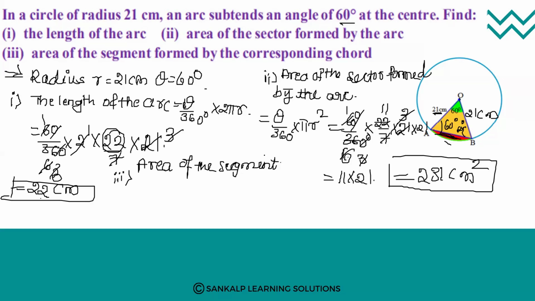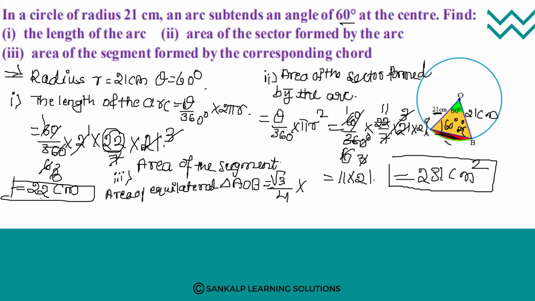So if it is an equilateral triangle, then we need to find out the area of the equilateral triangle AOB. So the area of the equilateral triangle AOB is √3 divided by 4 into A square. A means what?